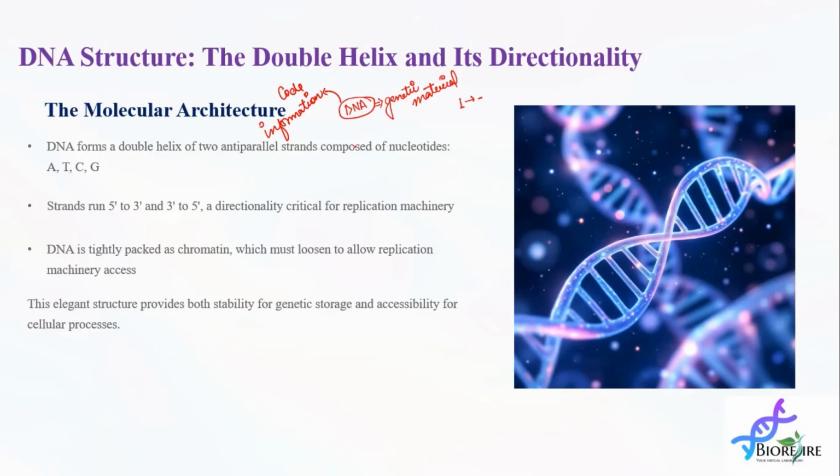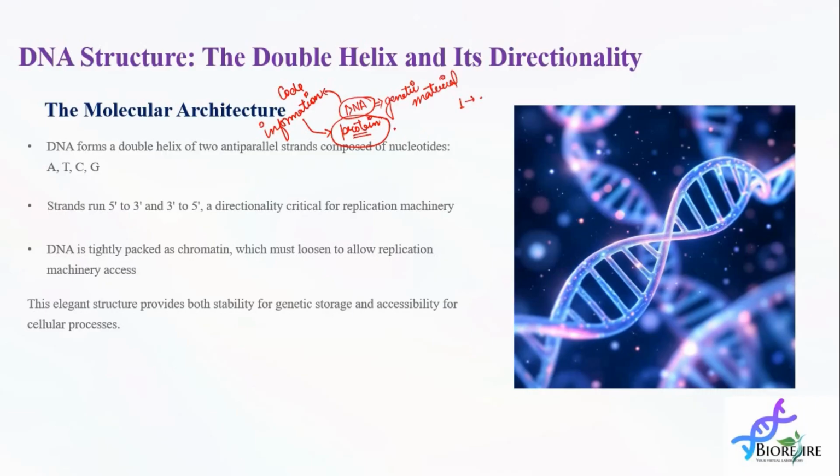Which types of information? To code a protein, or to synthesize a protein. DNA is a genetic material. It will code the information to synthesize a protein.